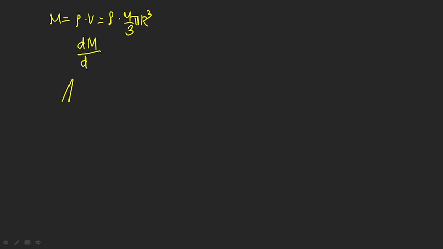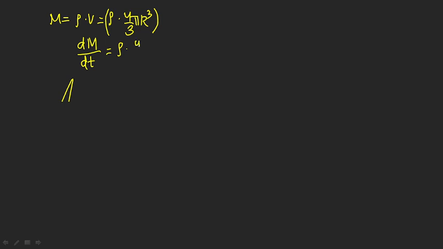So that will give us dm by dt is equal to, this is the complete function. We can apply the product rule here. The first function is rho, that is going to be constant while writing the first term of the differentiation.